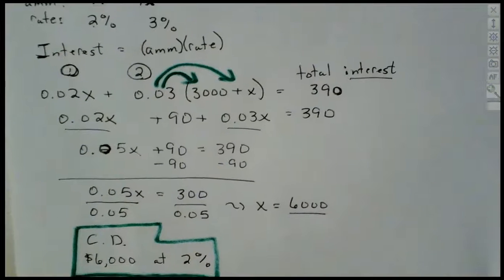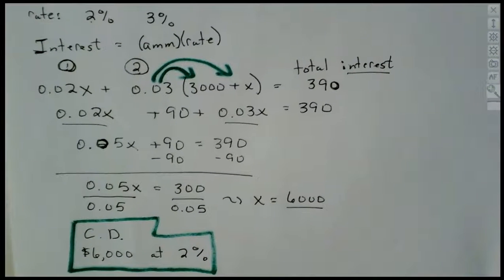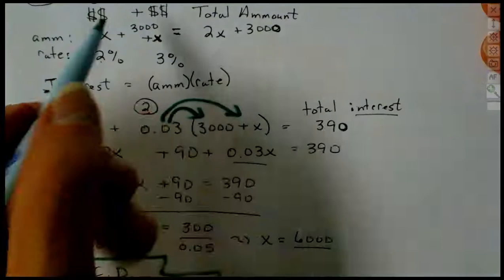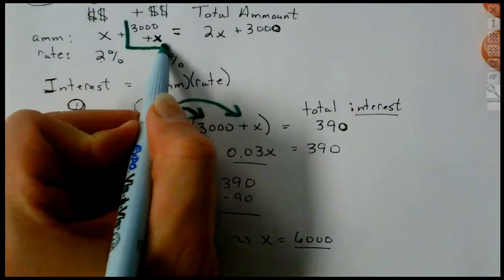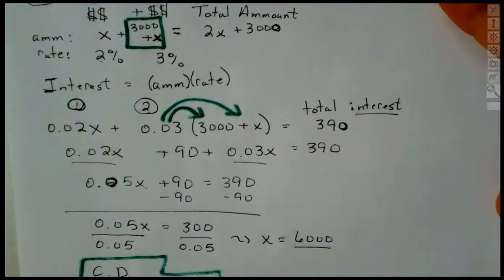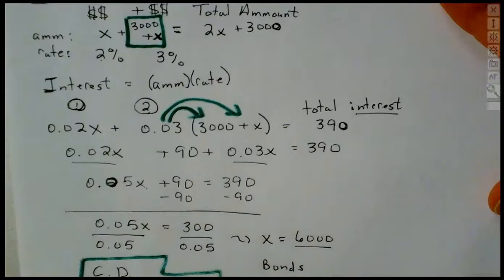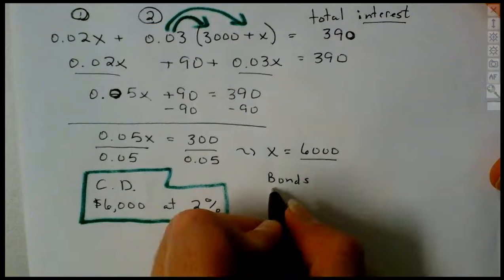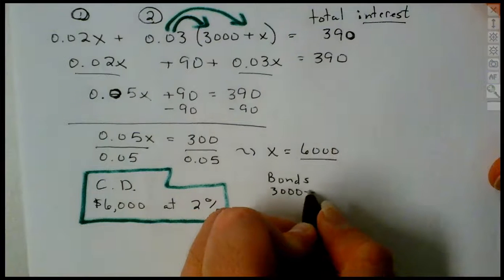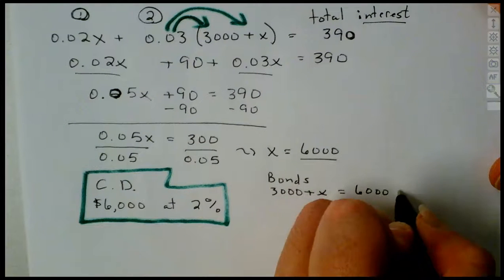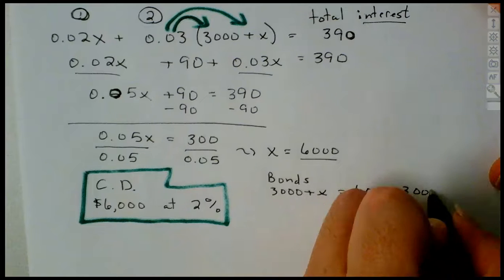What about the bonds? Well, what do we know about the bonds? It's a little bit different. Okay, the bonds are this part right here. And the bonds pay 3%. So let's go back and look at our bonds. Okay, our amount in the bonds is going to be $3,000 plus X, so that's $6,000 plus our $3,000.